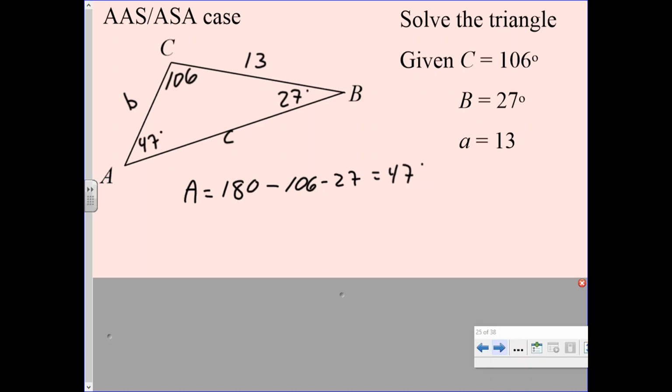And now that I have all three angles, it's just a matter of using my law and setting up all these ratios.